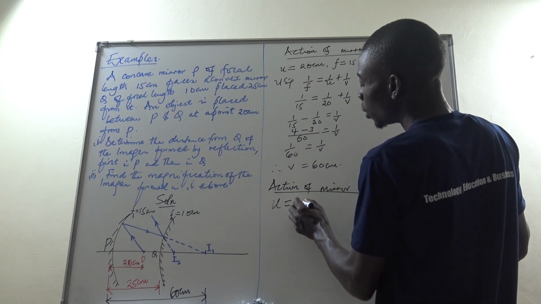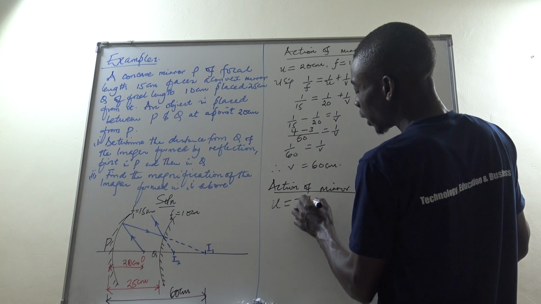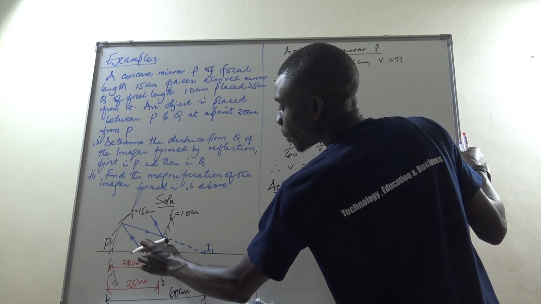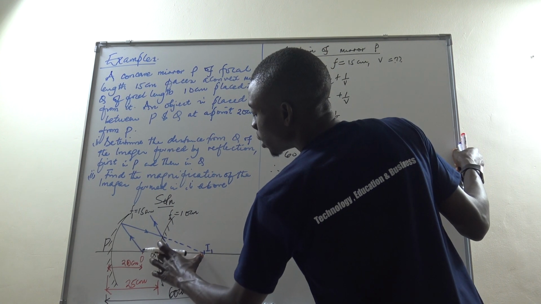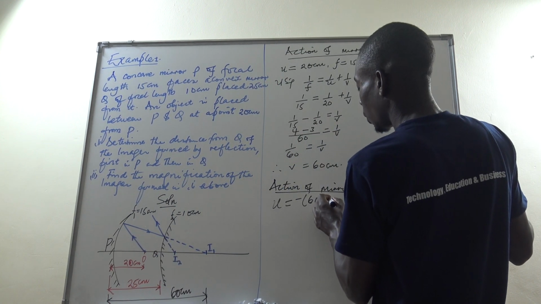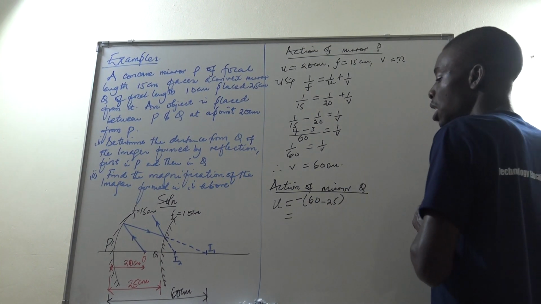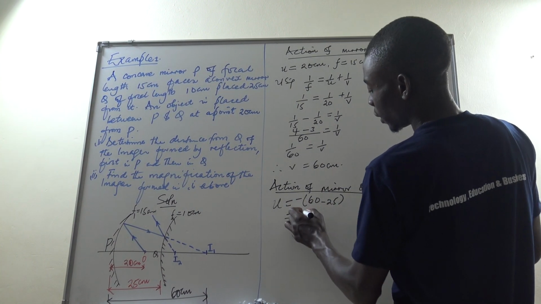So U will be negative 60 from here up to here. Subtract away that to remain with this distance here, minus 25, and that gives us negative 35.